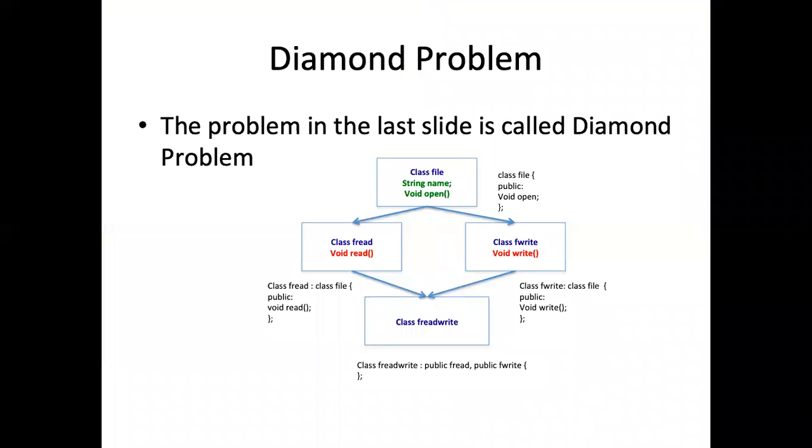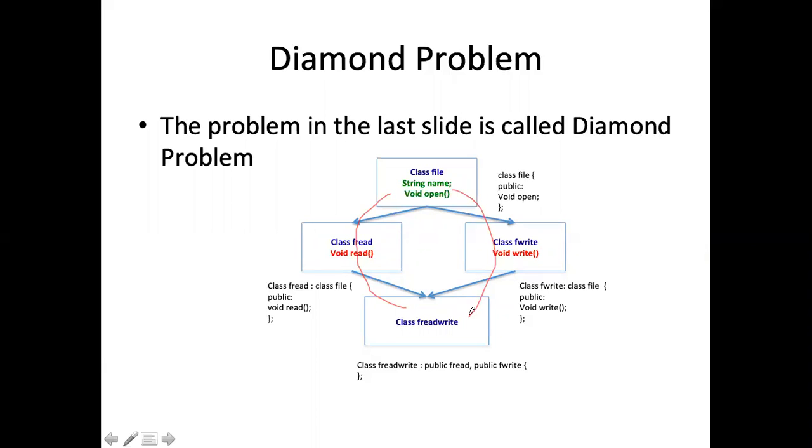As I told you, this problem is called the diamond problem. The diamond problem is that when you have two paths to access a common function, which path should be chosen? A call to open via this path or via that path, which has to be chosen?